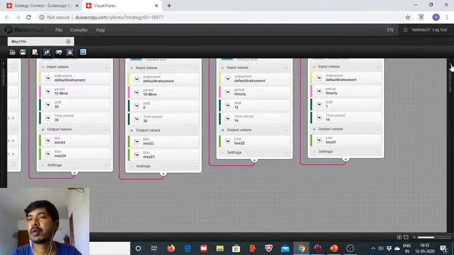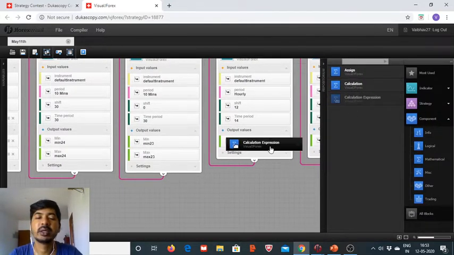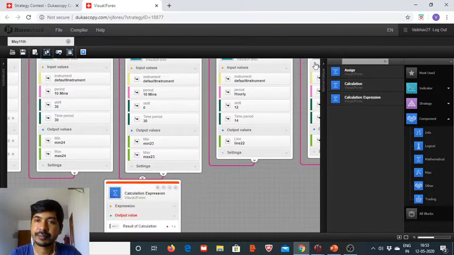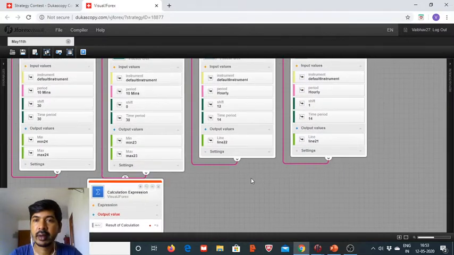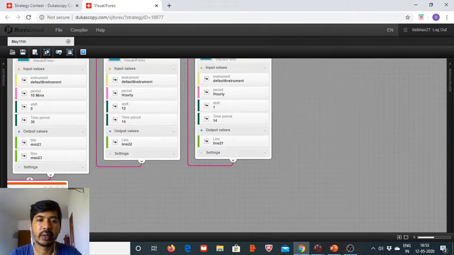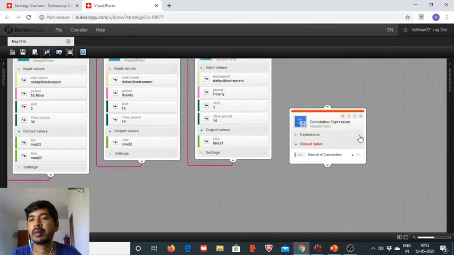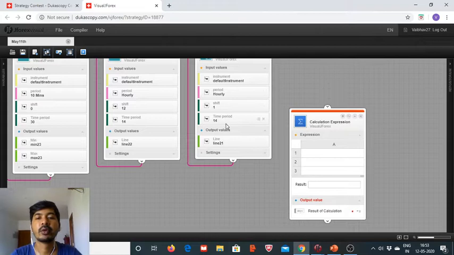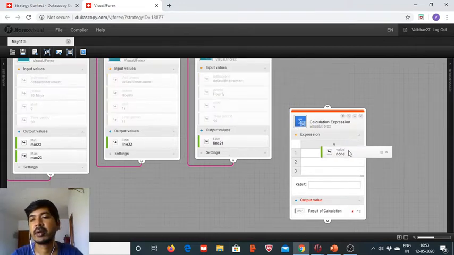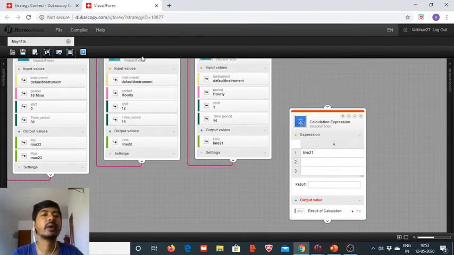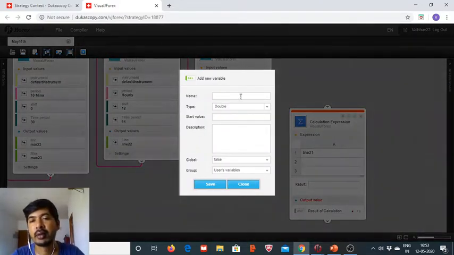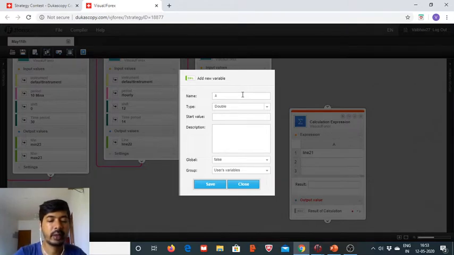For that we need to do one more calculation, and here also we need to take the ATR value of the last 1 hour, then multiply it by 50%. So this is line 21, and create a new variable, and it will be ATR1. Start value would be 0.5.